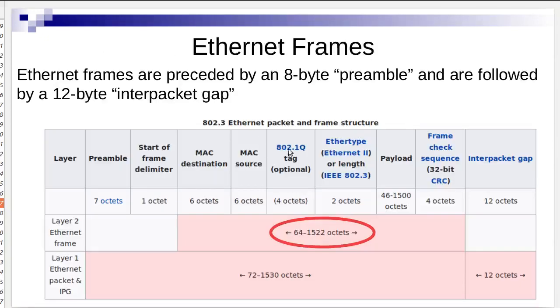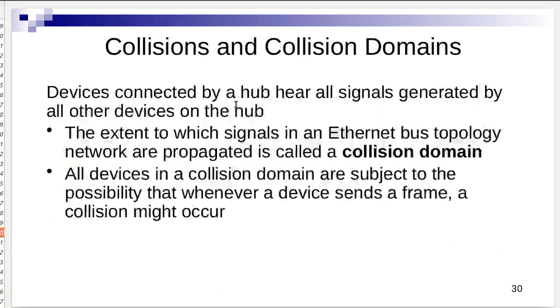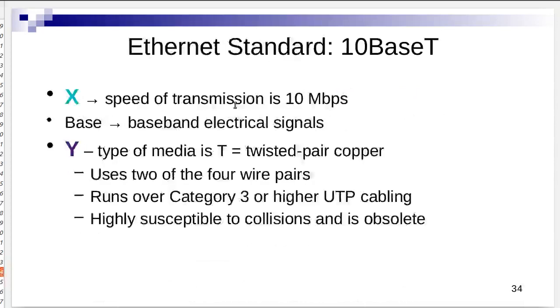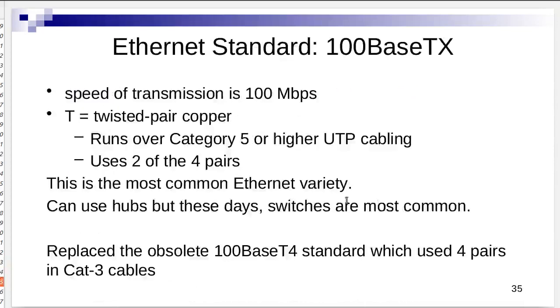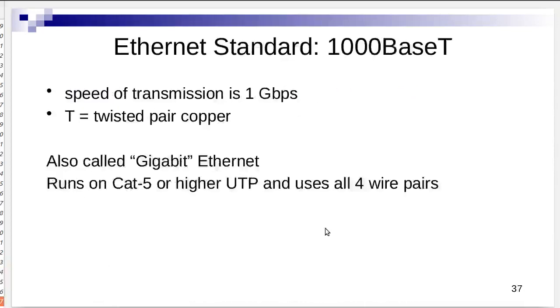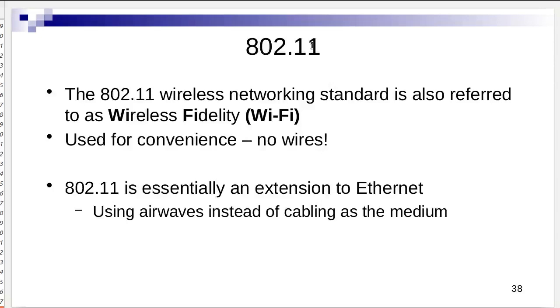So 802.3 is the Ethernet standard, and 802.11 is the Wi-Fi standard. So all of the stuff that we use in the lab, that's all 802.3. If you see 802.11, you know that's Wi-Fi.